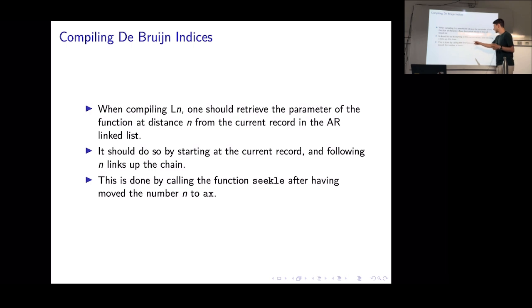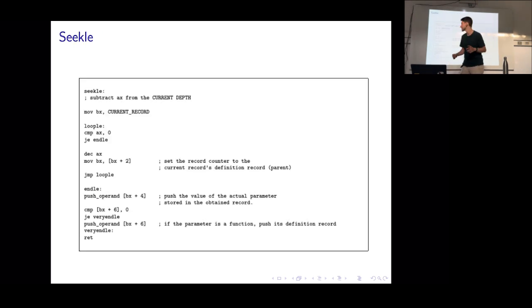So yeah, this is done by calling a function called sequel after having moved the number n to ax. And I believe we have the function sequel here. So this is the function sequel, which moves to bx the current record and uses ax as a counter.